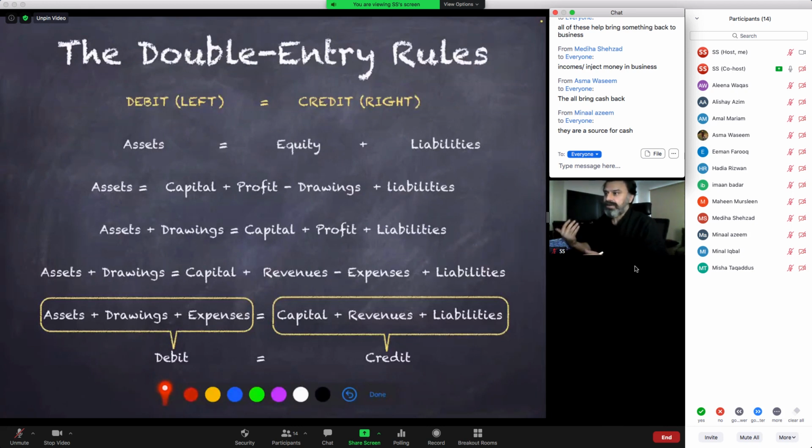But now you're not receiving cash from the owner. You're receiving a motor vehicle from the owner. You could receive furniture from the owner or anything, right? So capital, revenues, or liabilities, all of them help you generate funds, and funds is a term which could mean any asset.